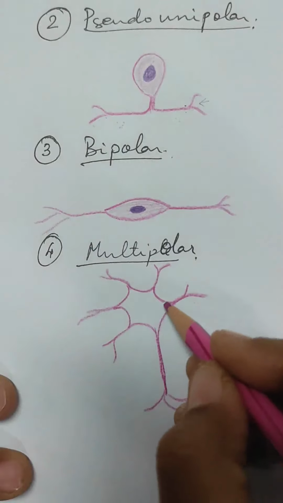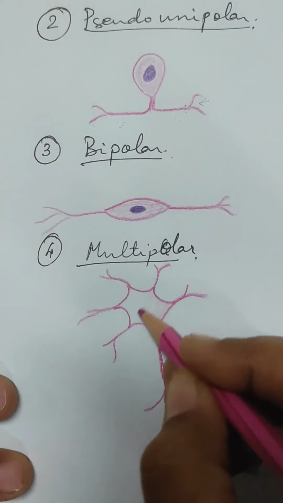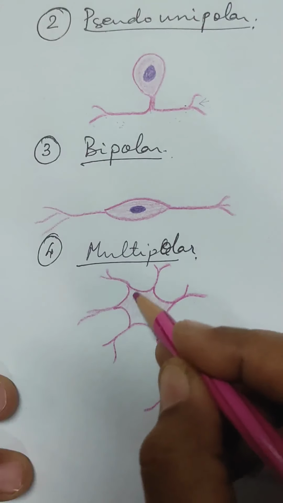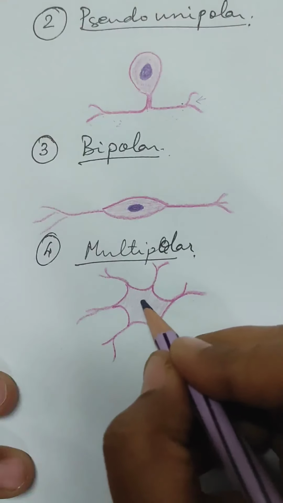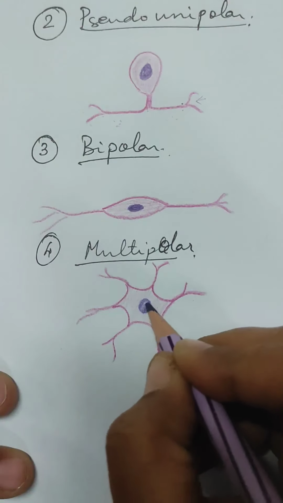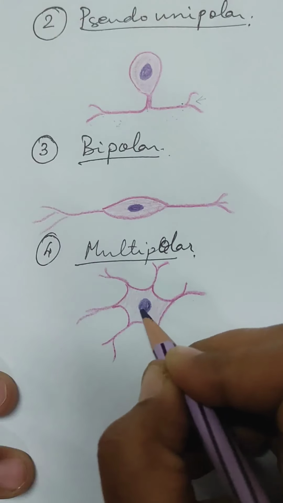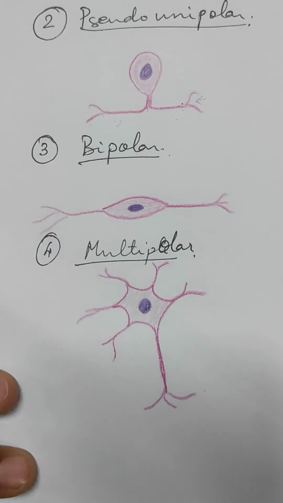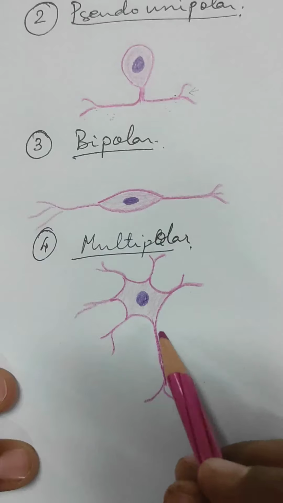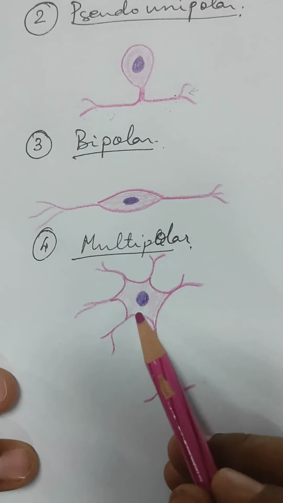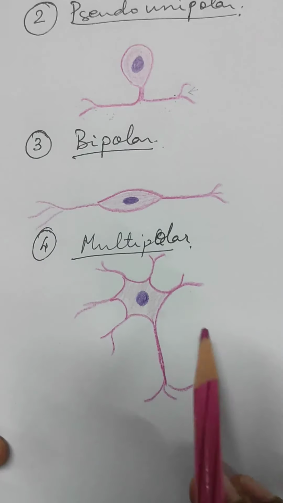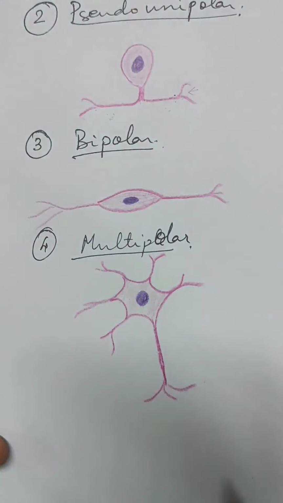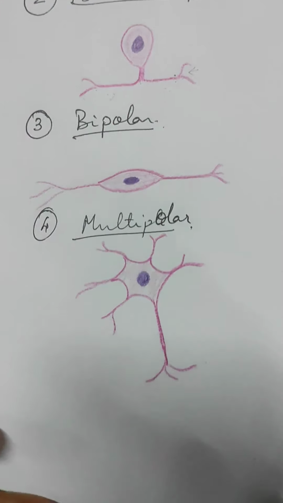This is an axon, which is longest, and this is the neuron which contains the nucleus. I hope I am clear. The rest will be covered in the lecture, wherein you will know the Nissl granules, which are not present at the axon hillock, and all those things. But histologically, we are going to differentiate or draw them like these.